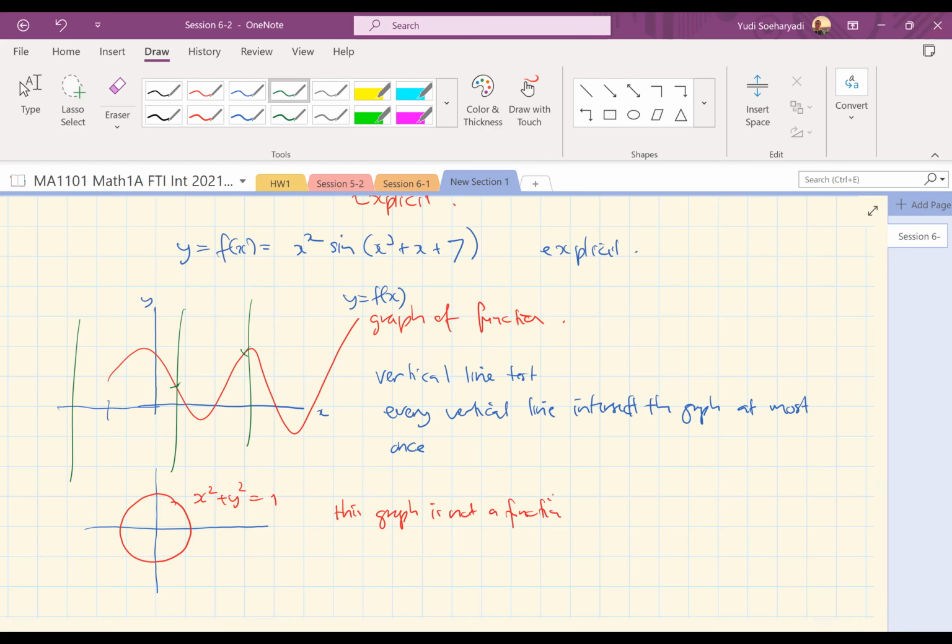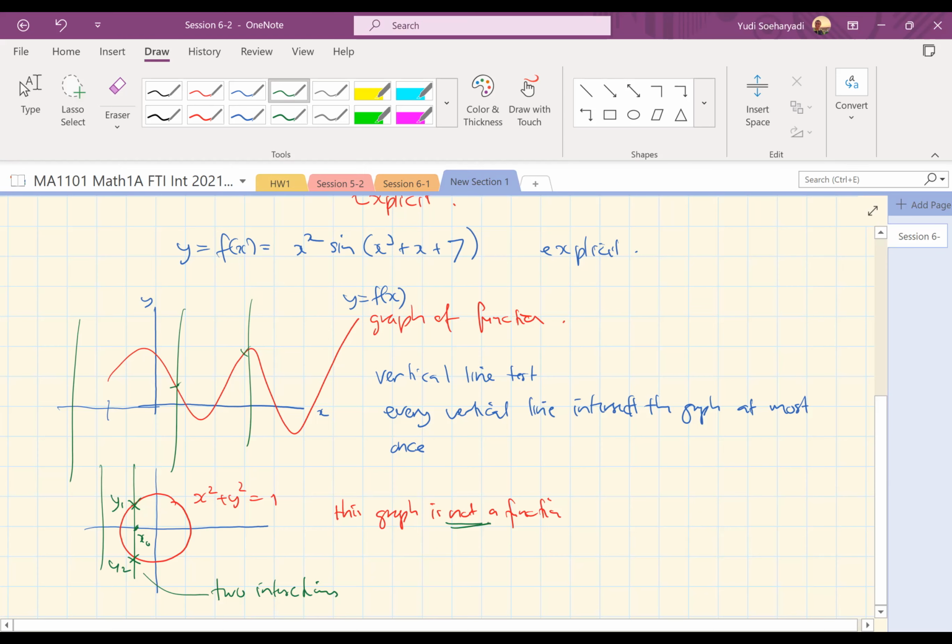Why? Because if you take this one, for example, you get two intersections. Even though if you cross it here, you don't have any intersections, but if you cross it here, you have two intersections. For this particular x, say x naught, you have y1 and y2 corresponding. So it's not a function.